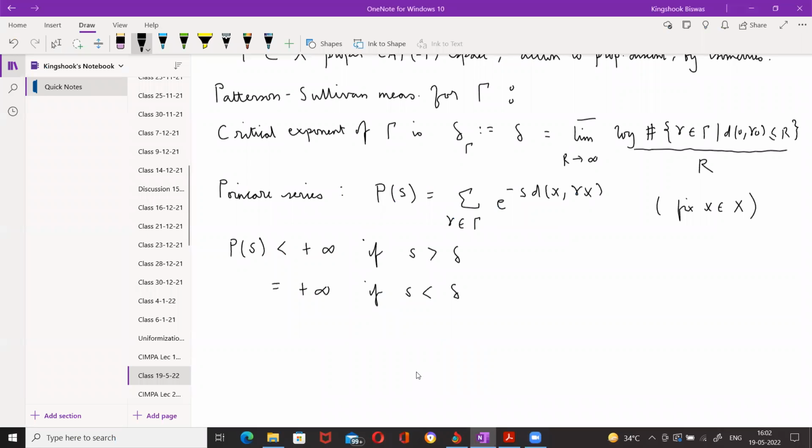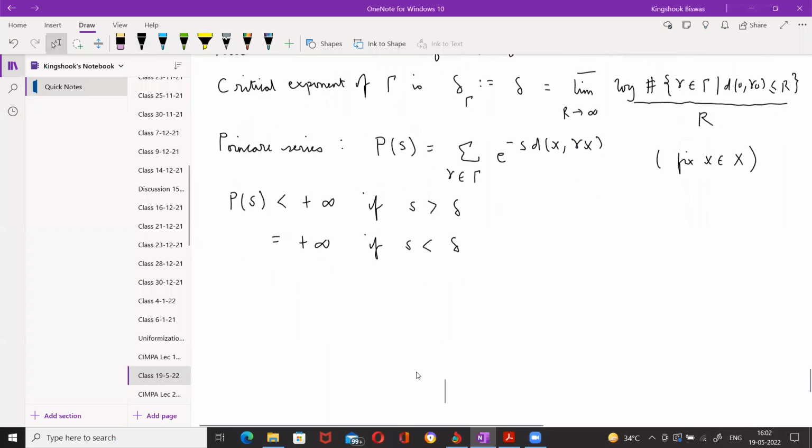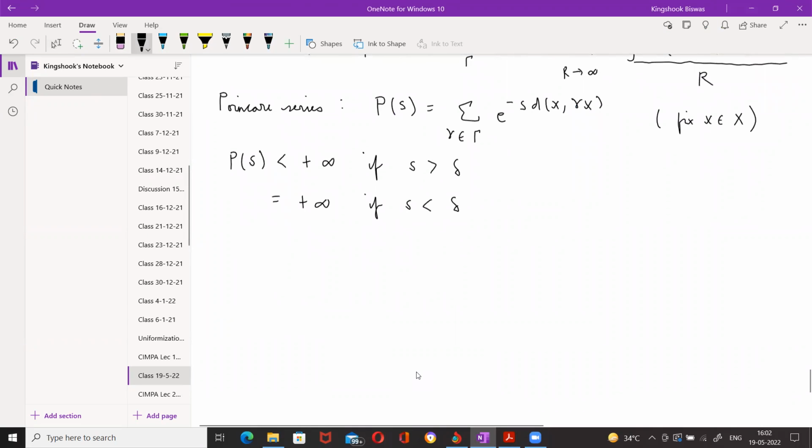Okay, so why are we interested in this Poincare series? Because we can use this to define the Patterson-Sullivan measure on the boundary as follows. So first of all, we look at what's called the limit set of gamma.